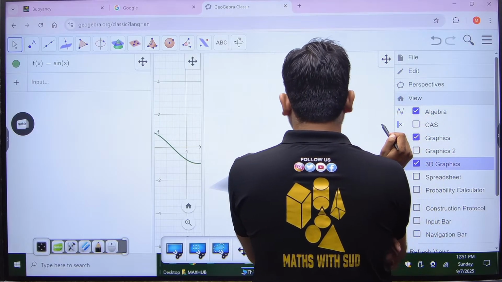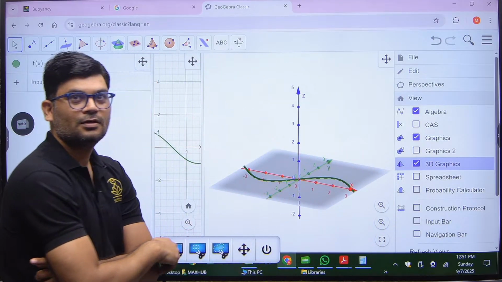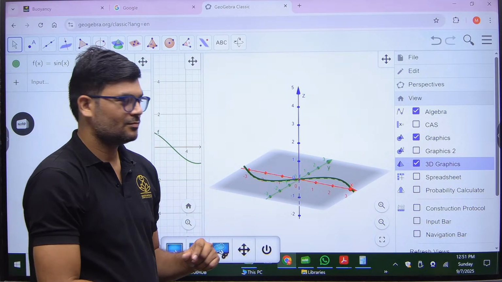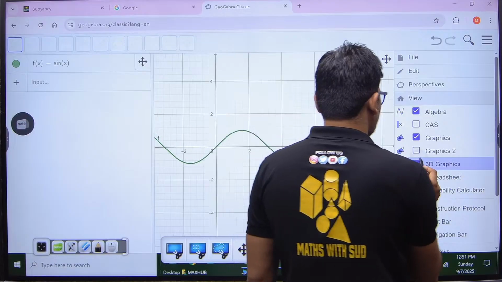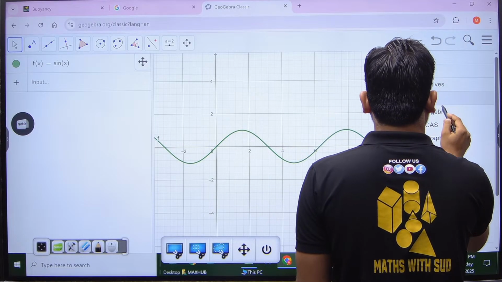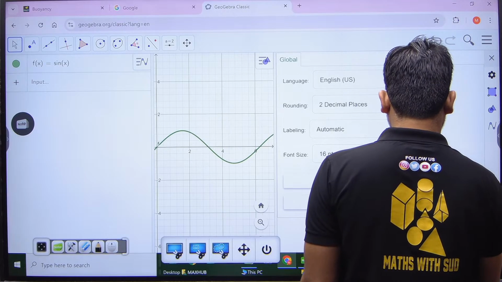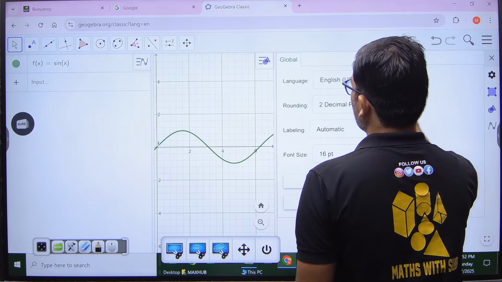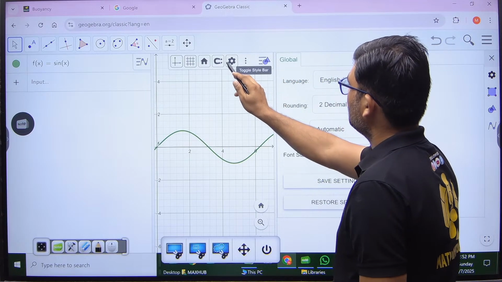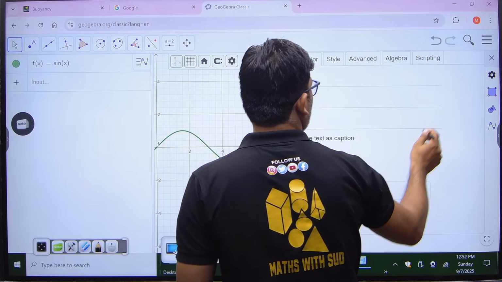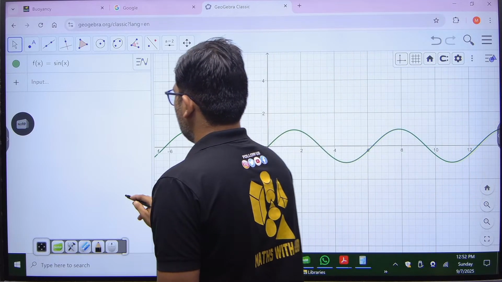You can see the 3D as well. See this? Wow. So as of now, I wanted to show you. I'm not able to. Why it is not working? Settings. Okay, leave that part. Let us leave that part.